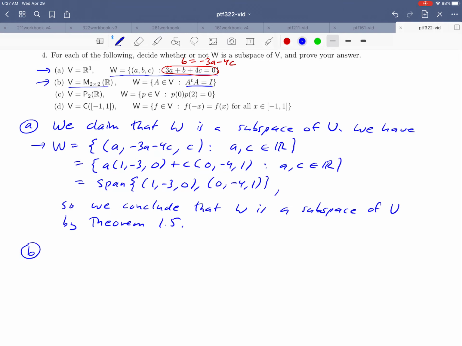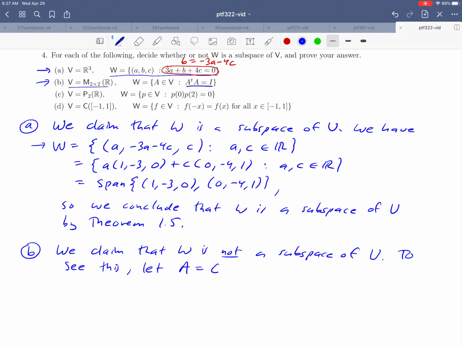I think you'll agree that the answer is no. So we claim that W is not a subspace in this case. To show this, we're going to give a counterexample, the one I described in words.